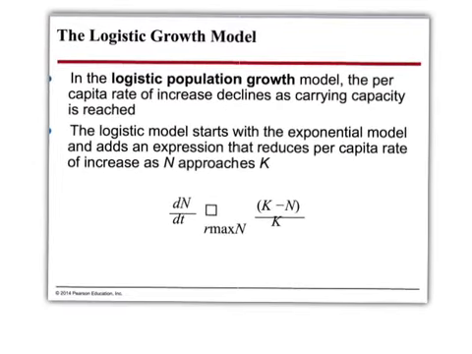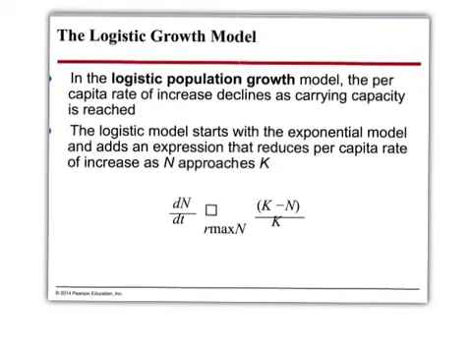So the logistic model of population growth: the per capita rate of increase declines as carrying capacity is reached. As you reach that carrying capacity, with limited resources, limited space, limited food, the rate of increase declines, mortality increases, and your population growth rate drops.